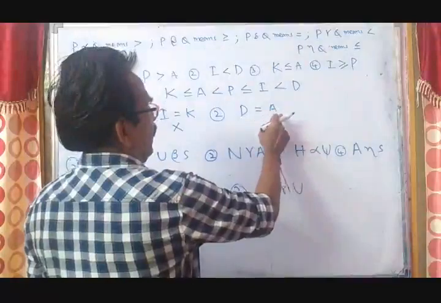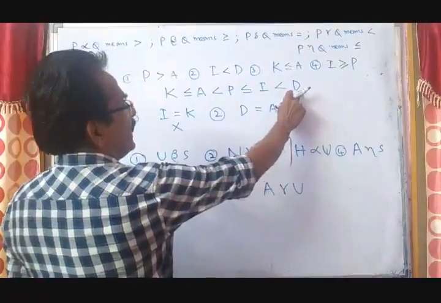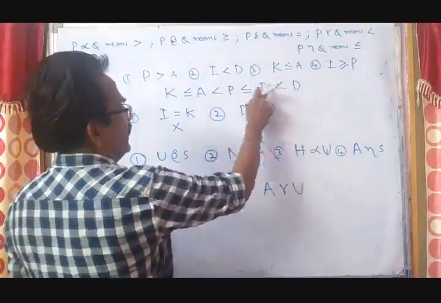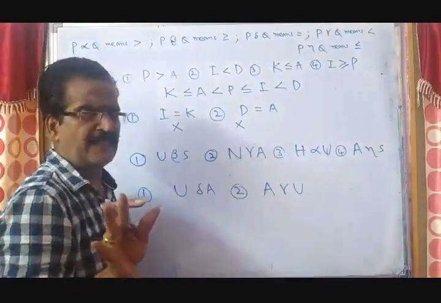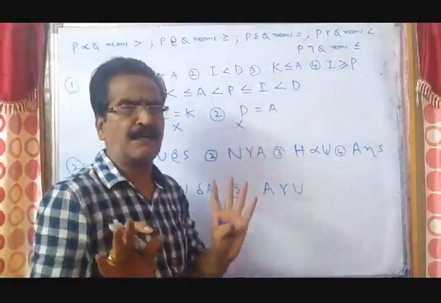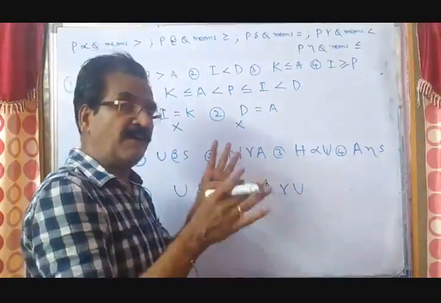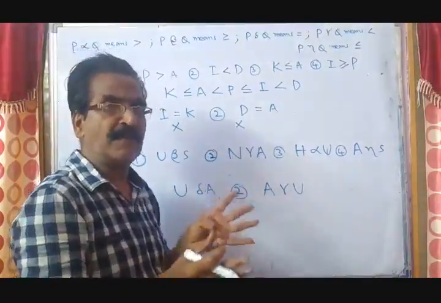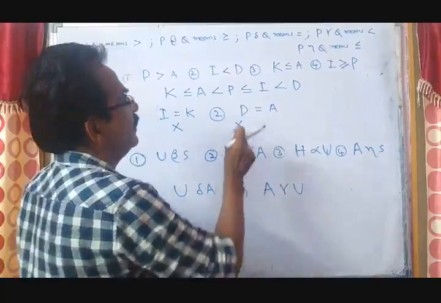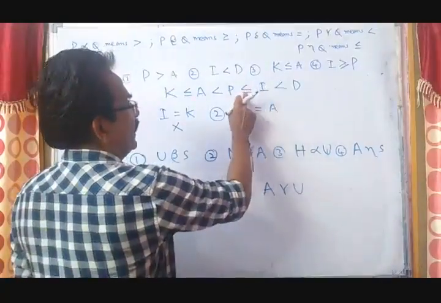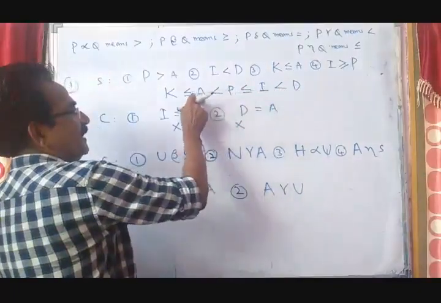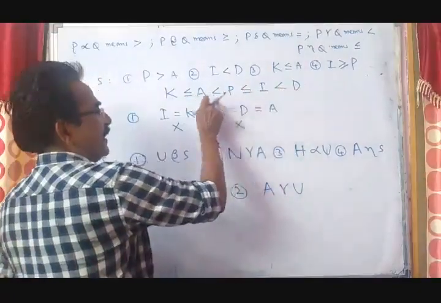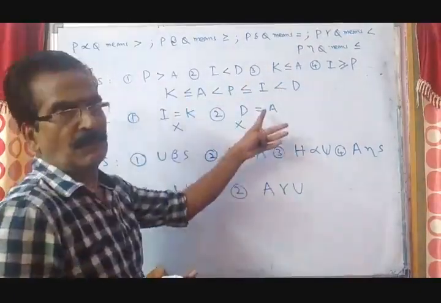D is equal to A? No. What is the relation between D and A? D is equal to A, this does not follow. Now let us see what follows between D and A: D greater than or equal to, greater than, so D greater than A. D greater than A follows, but D is equal to A is given.